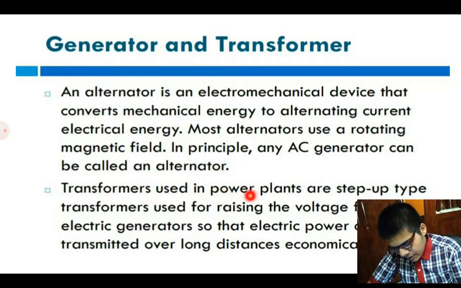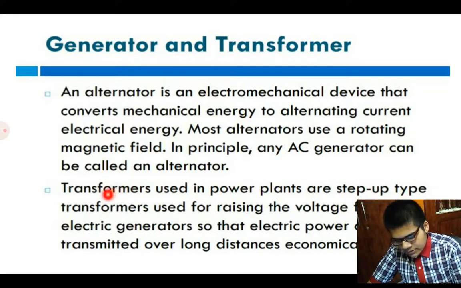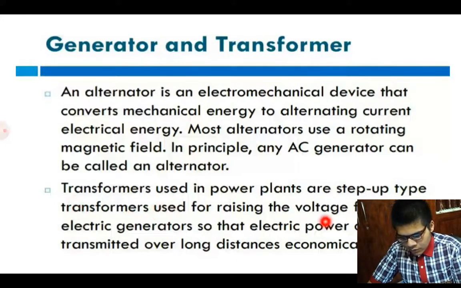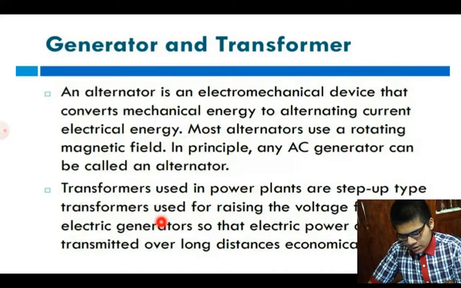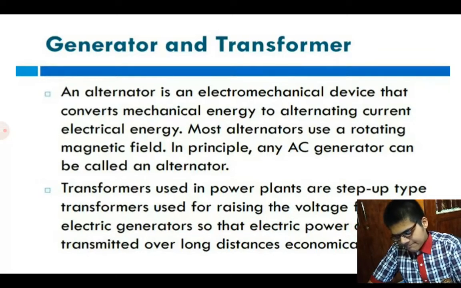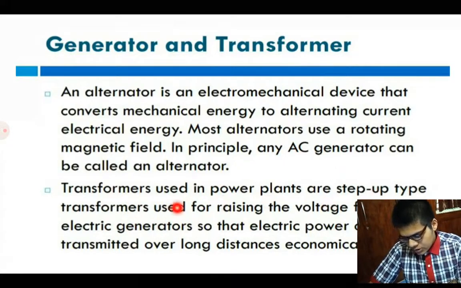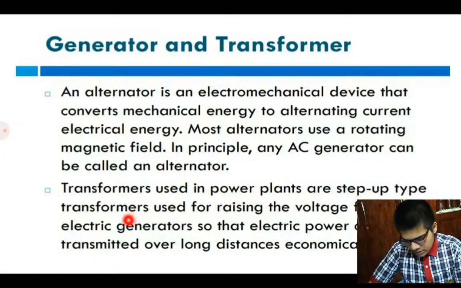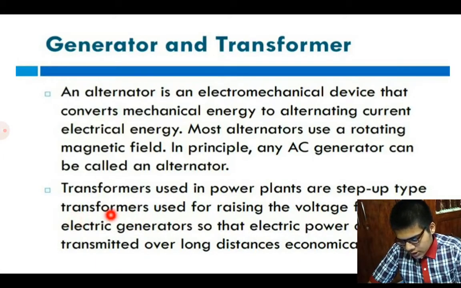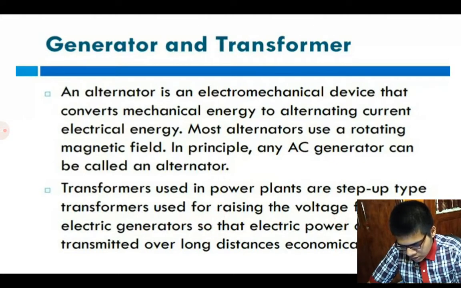Transformers used in power plants are step-up transformers, used for raising the voltage from the electric generator so that electric power can be transmitted over long distances economically through transmission lines.